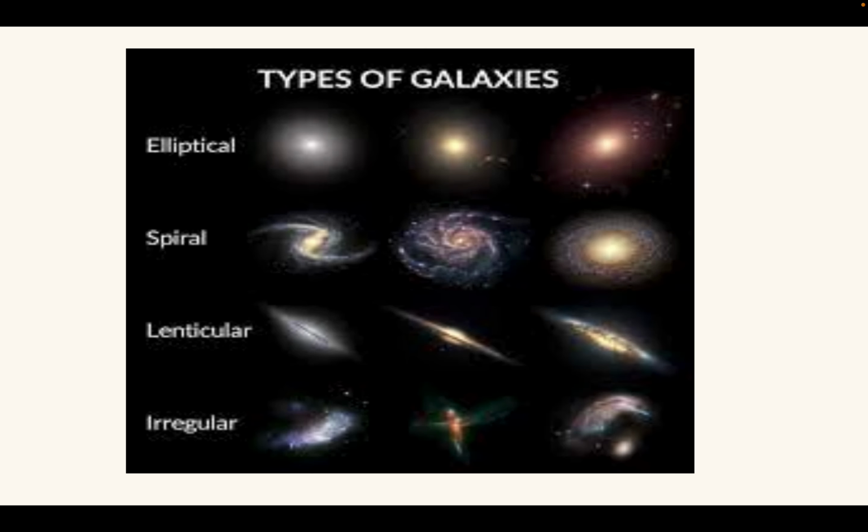Now here I have given examples of four different kinds of galaxy: elliptical, spiral, lenticular, and irregular. You can see ellipticals are about spherical in shape, spheroid or ellipsoid. These two are spheroids and this is an ellipsoid.